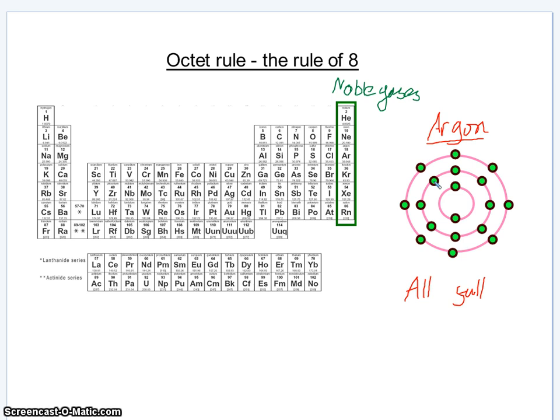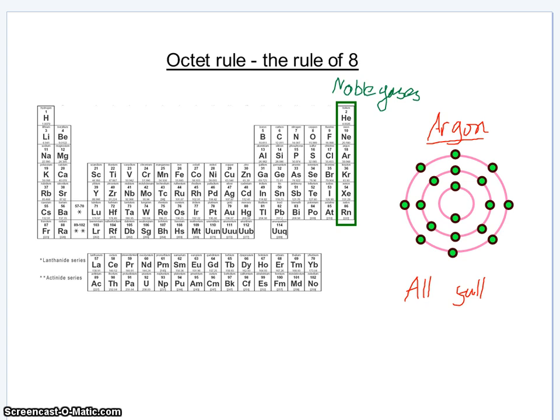And whenever they do any of those things, they form compounds. Remember, more than one element joined together with a chemical bond. So they lose electrons, add electrons, or share electrons, all so that they can have a full set of electrons.